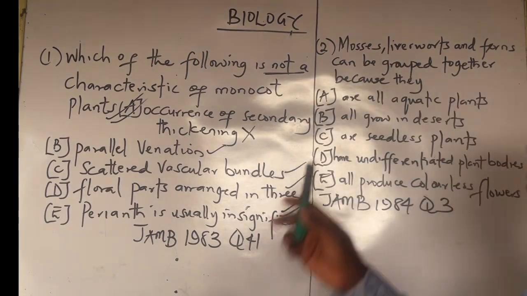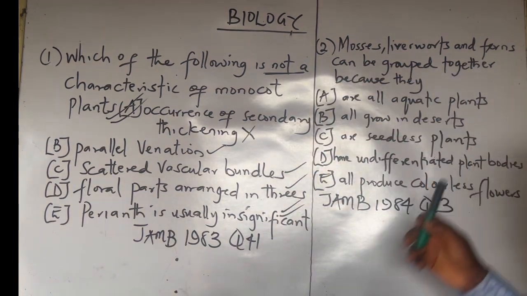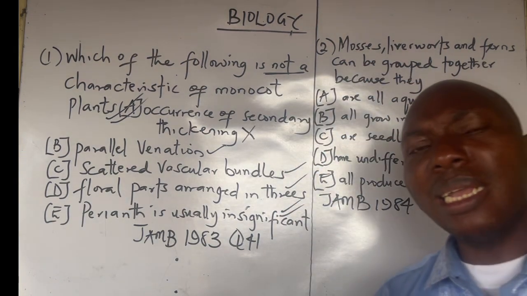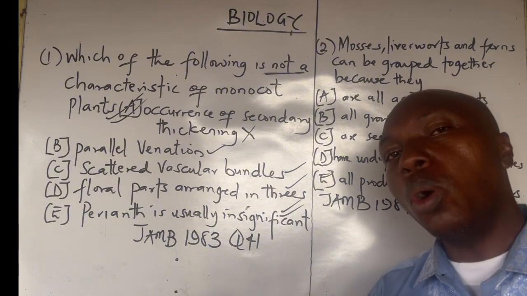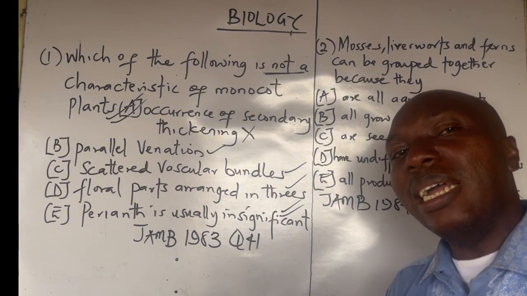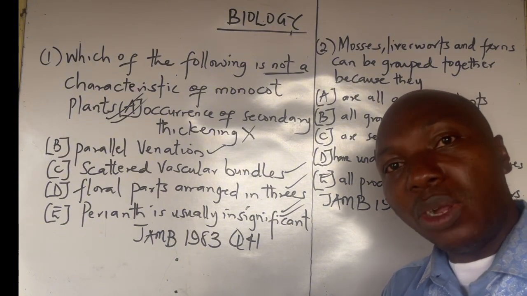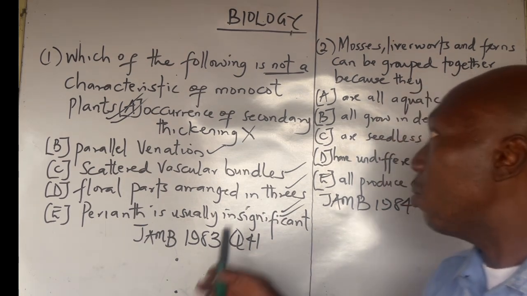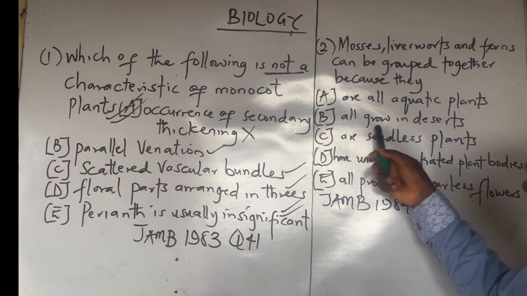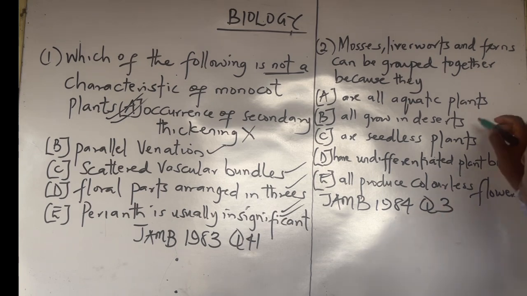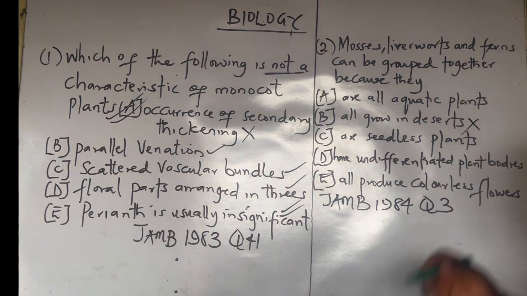Let's see the options. Mosses, liverworts and ferns can be grouped together because: number 1, they are all aquatic plants. They may be aquatic, they may be terrestrial, or they may survive in a moist environment. We also have, they all grow in desert. This is not true. They are seedless plants. This is true.